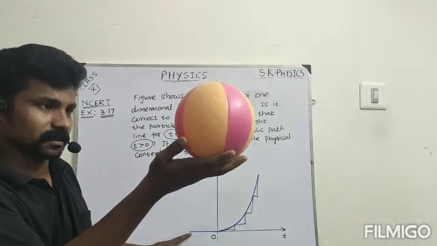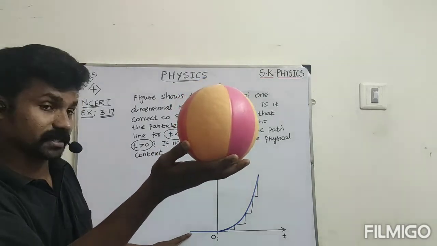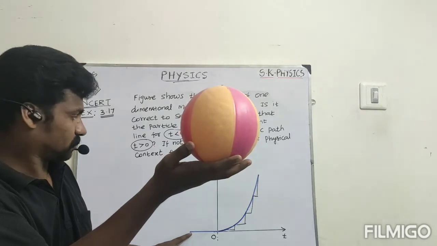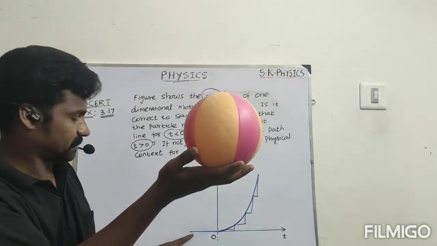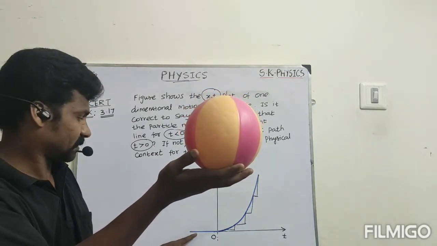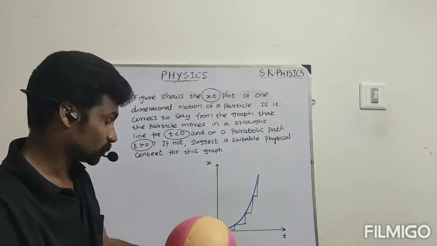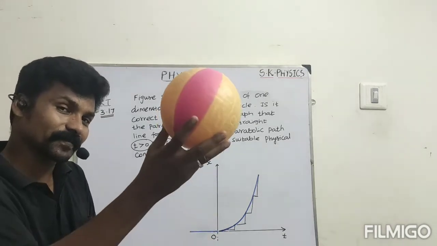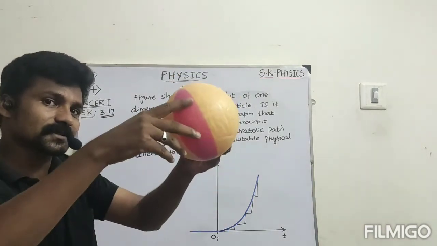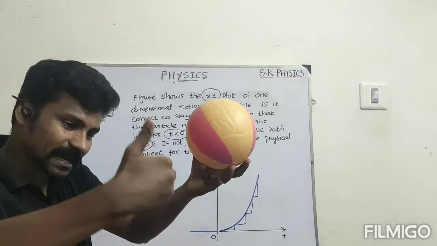Listen. See that? Negative values, for example -3, -2, -1, 0. So at 0, after that what happened? After leaving my hand, the speed is increasing gradually.